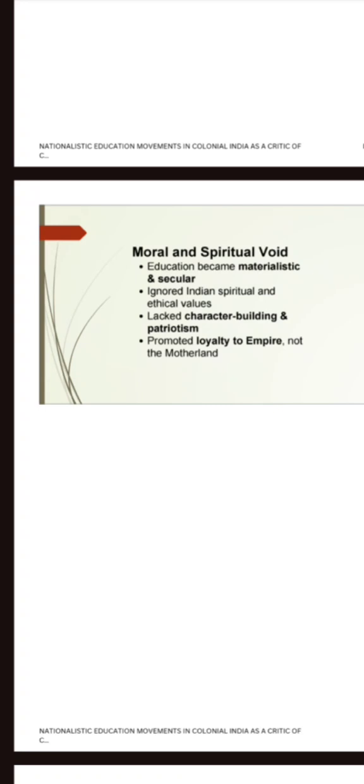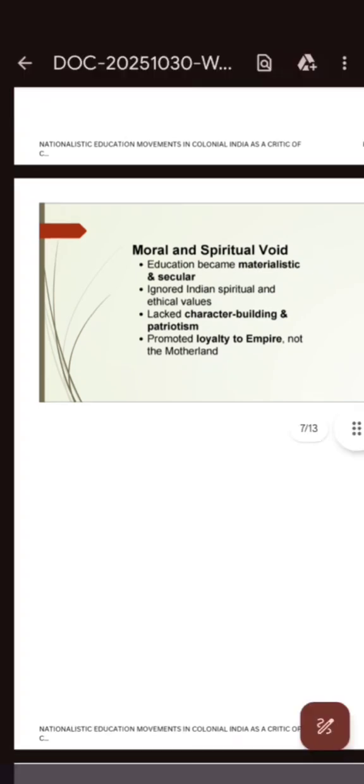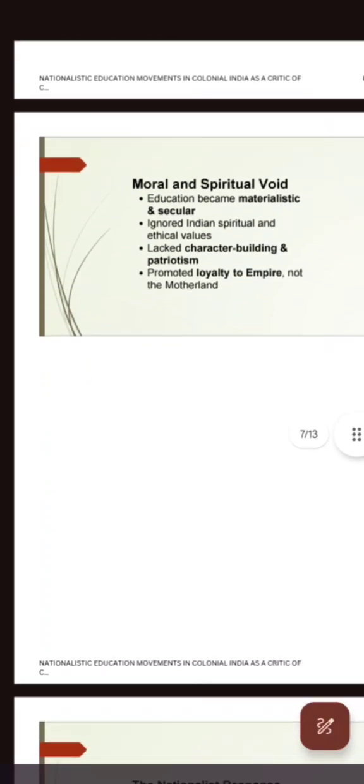Then, the moral and spiritual void. Education became materialistic and secular. It ignored Indian spiritual and ethical values, lacked character building and patriotism, and promoted loyalty to the empire, not the motherland.